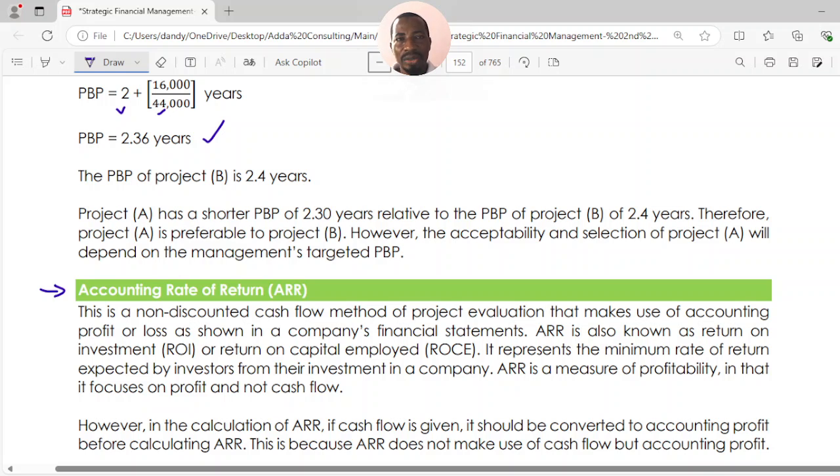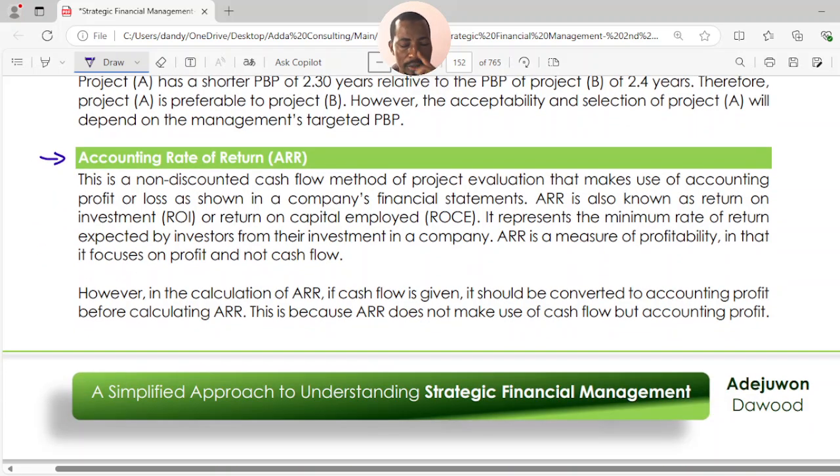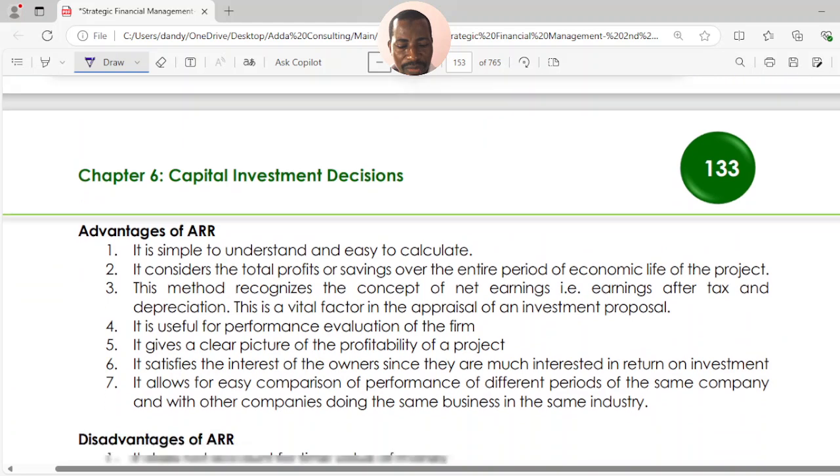This is just the opposite of the information I gave to you under payback period, whereby you have to convert accounting profit or loss to cash flow. In this case, you are given a cash flow, so you need to convert it to accounting profit or loss. To do this, the accounting profit or loss will just be the difference between cash flows and then annual depreciation. Okay, cash flow minus depreciation will give you accounting profit or loss.